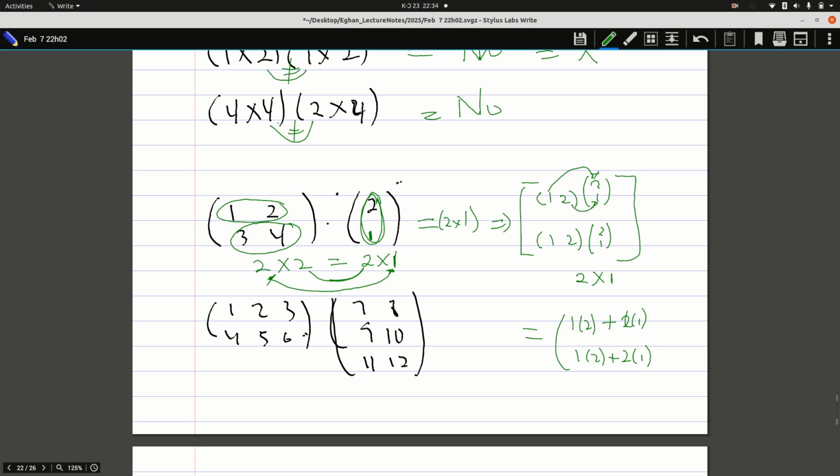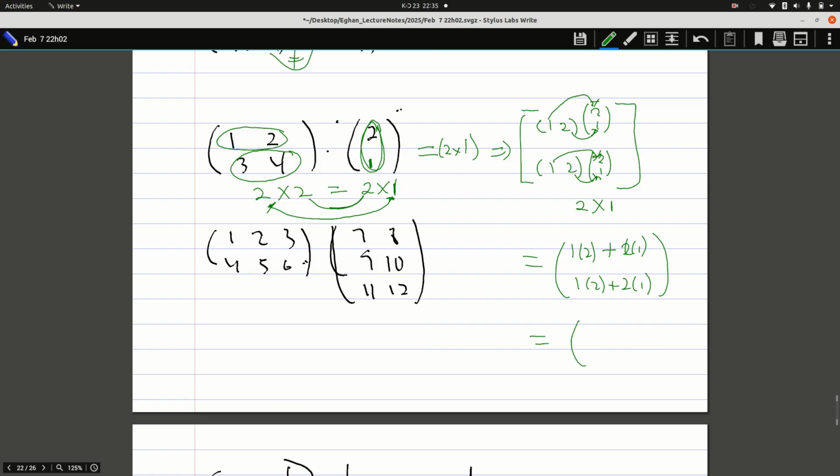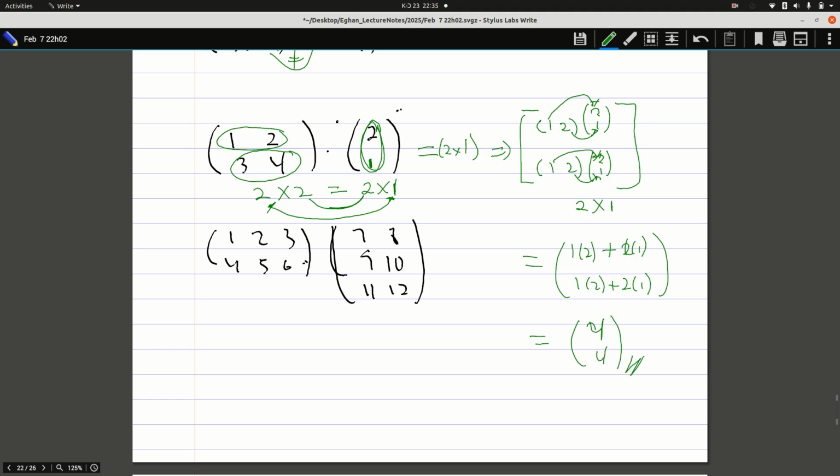This takes that plus this takes that. And that is how the multiplication is done. So I end up getting 2 plus 2, that is 4. Oh, I'm wrong. And then this gives me another 4. Please check this answer for me. Alright. And this is simply 2 by 1 as we expect.